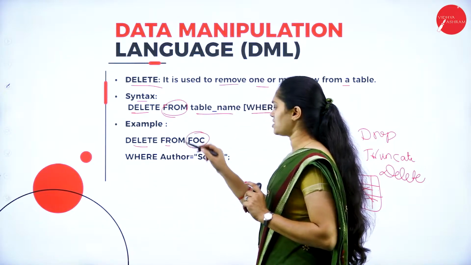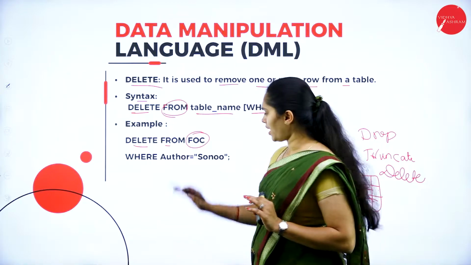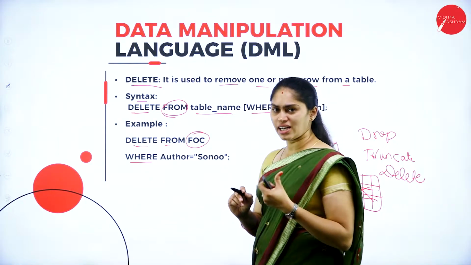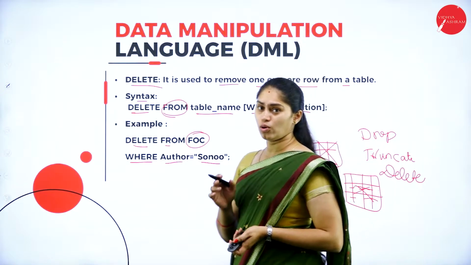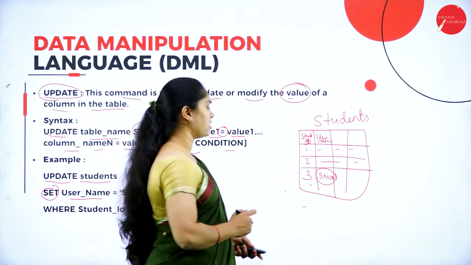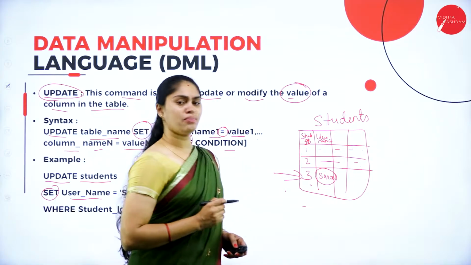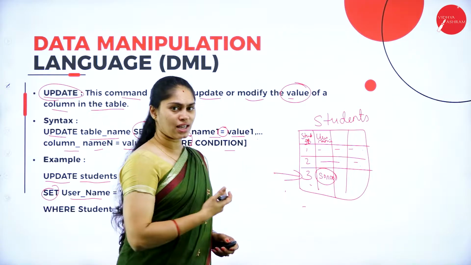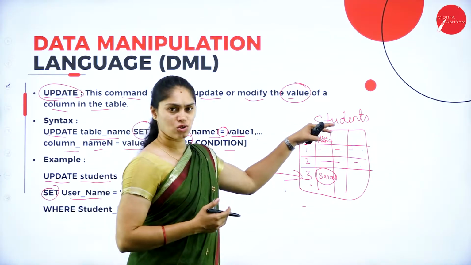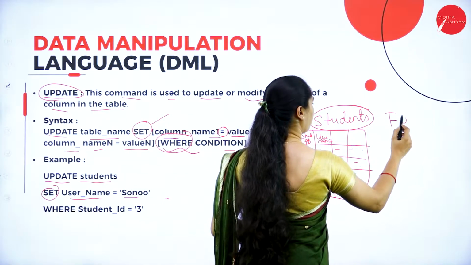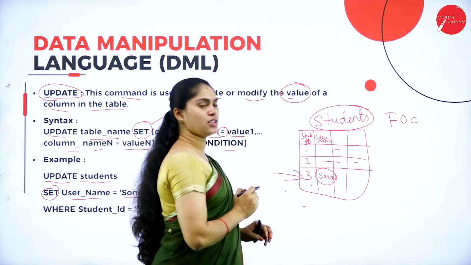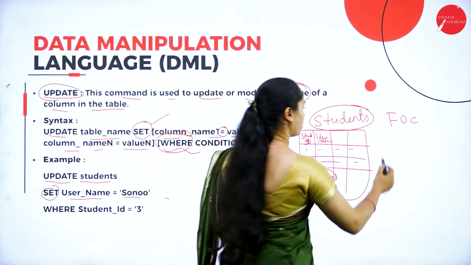DELETE FROM FOC: I am deleting content from the FOC table. On what condition? WHERE author name is equal to SONOO. If you see the previous one, this entire row will be deleted. If I use that DELETE FROM FOC, this is the student table; just imagine instead of student, you consider this as FOC. And here we have a username, or else let me write it once more.